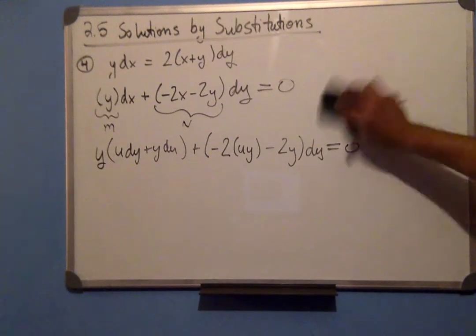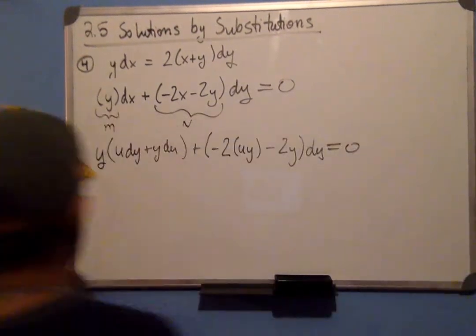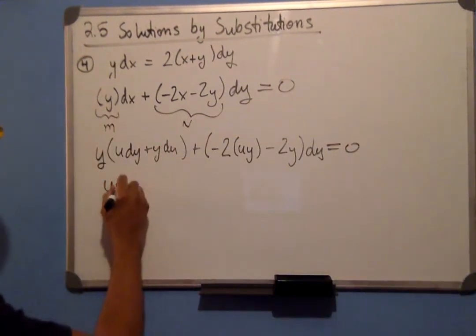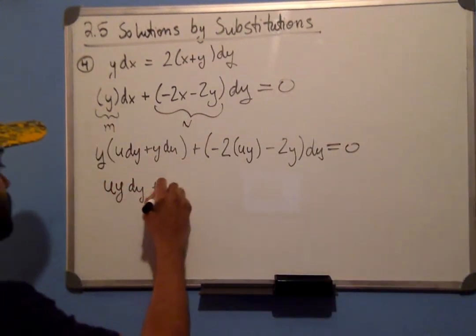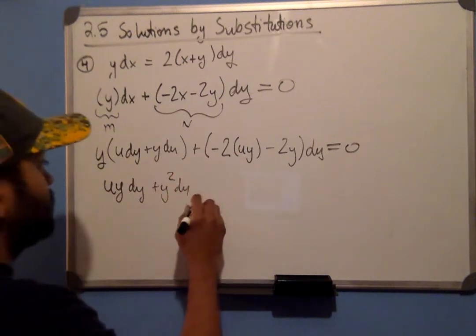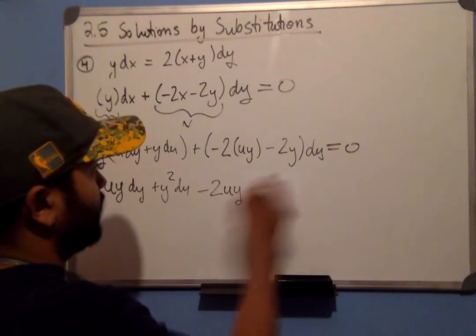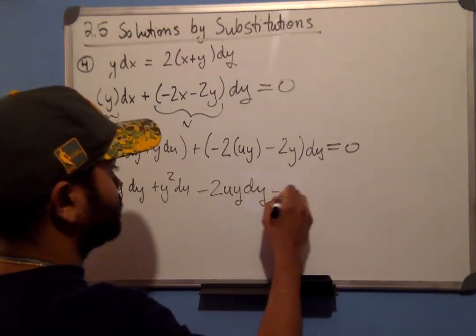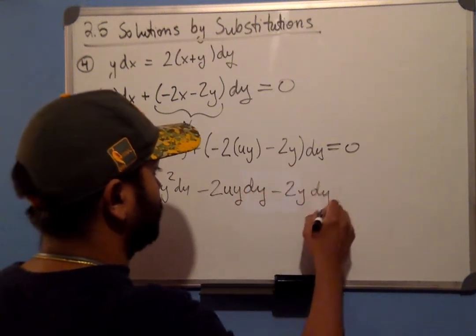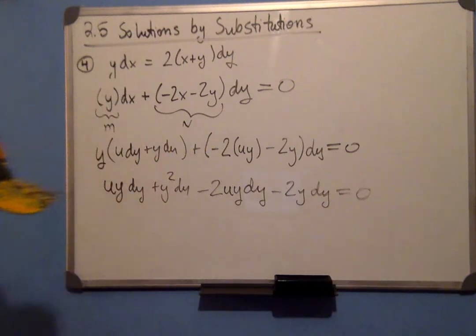Let's get rid of the substitution because we already applied it. So really simply, we could write this thing here, uy dy plus y squared du, subtracted by negative 2 uy dy, subtracted by negative 2y dy, all equals 0.